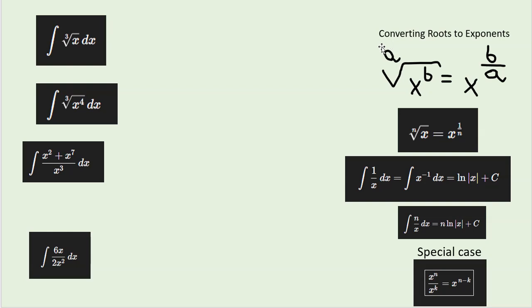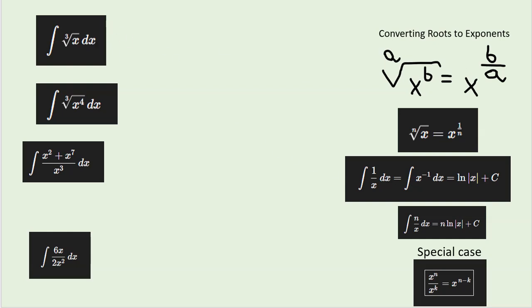There is something we should know, which is converting roots to exponents. There is also an exception to the rule: if we have 1 over x, or x to the power of -1, we don't apply the power rule, but it will equal the natural logarithm of the absolute value of x, plus c. So how to apply this rule?